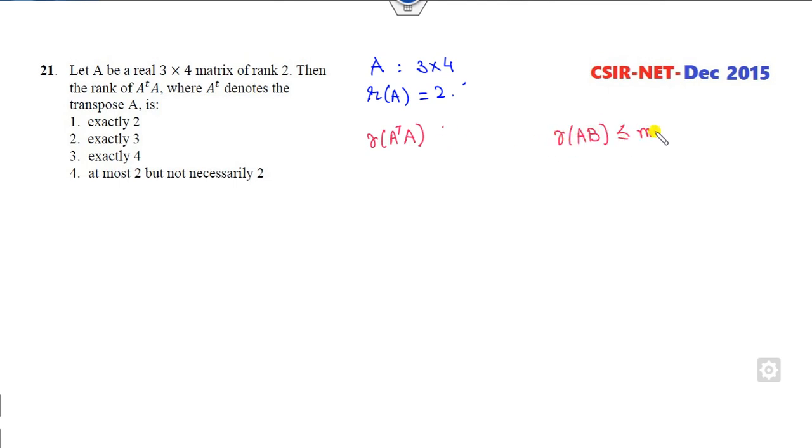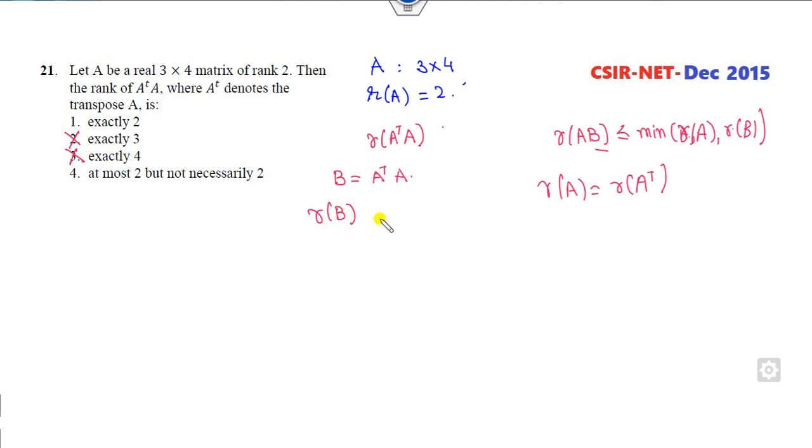We all know it is less than or equal to the rank of A and rank of B. We also know the rank of A and the rank of A transpose are the same. So it is 2, and 2 is less than or equal to 2. Exactly, 3 cancels out of these two options. Now if I consider this value as B, I need to find the rank of B.